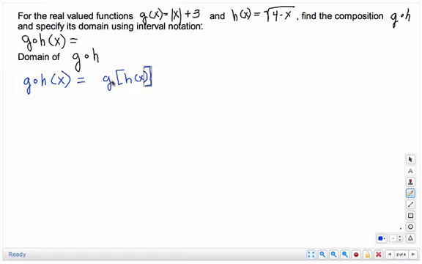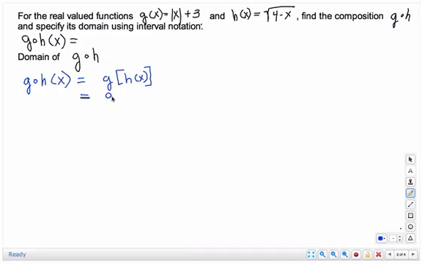It's kind of like taking a dollar bill, plugging it into the change machine, taking your change and plugging it into the gumball machine. So you're taking something, plugging it into one thing, and taking that result and plugging it into something else. And that's composition. This just helps me to focus on which function is inside of the other.